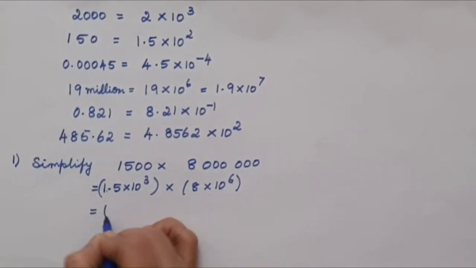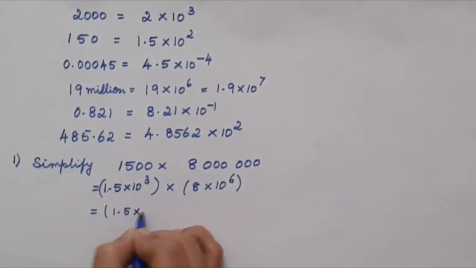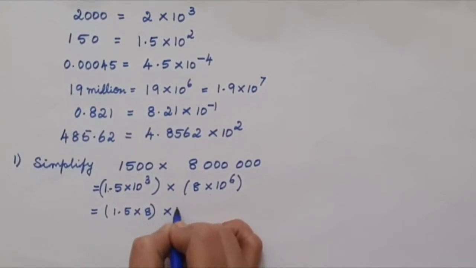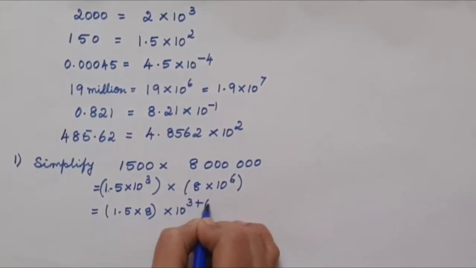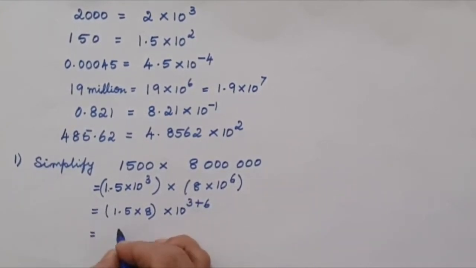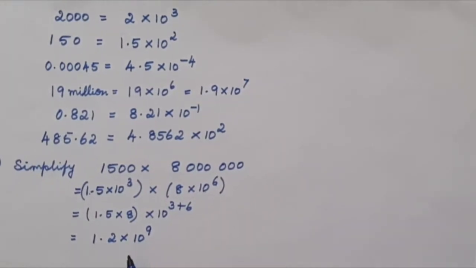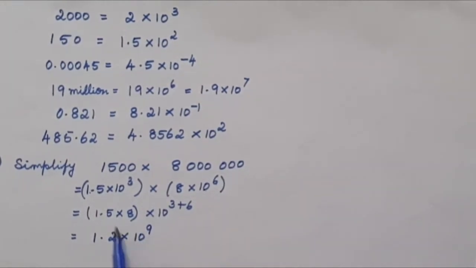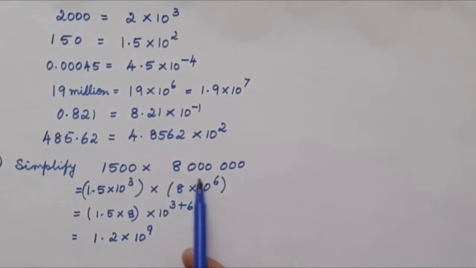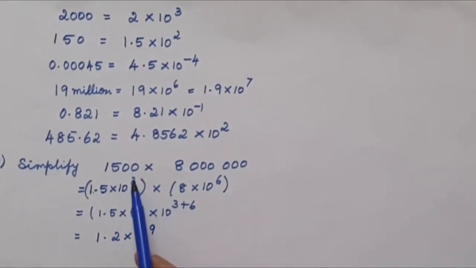So it will be 1.5 multiplied by 8 into 10 to the power of 3 plus 6, which is equal to 1.2 into 10 to the power of 9. So we notice that when we use standard form, the calculations become simple. There is no need for us to carry forward so many zeros.